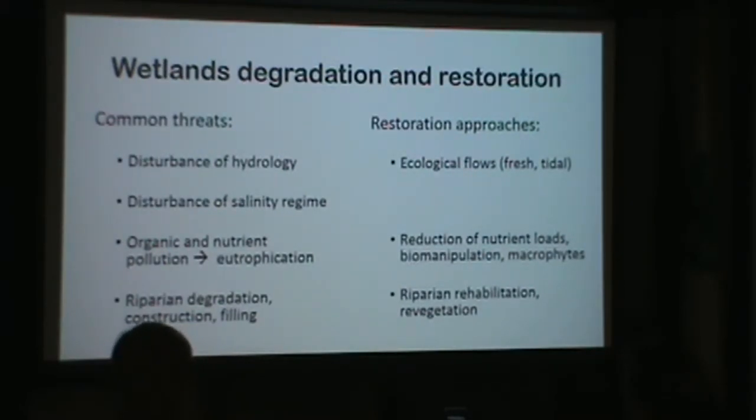Another common threat is pollution with nutrients, right? Organic loads, nutrient loads. Estuaries and wetlands in general are at the lowest part of the landscape, therefore at the lowest part of a watershed, which can be big or small, so everything tends to drain in. So they do collect runoff water one way or another that may be loaded with organics, with nutrients, and also other toxic pollutants that may not be nutrients.